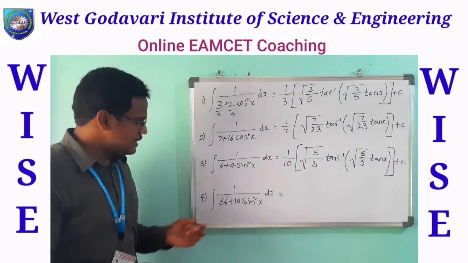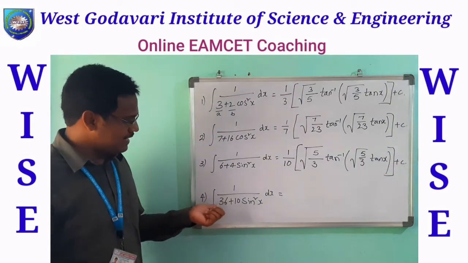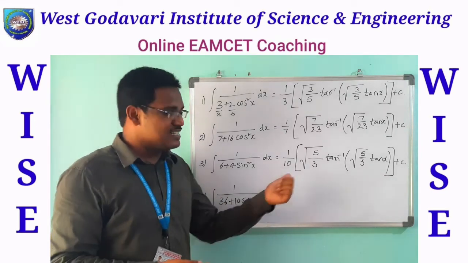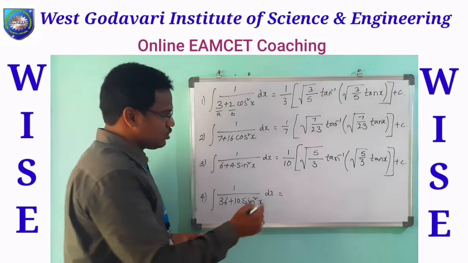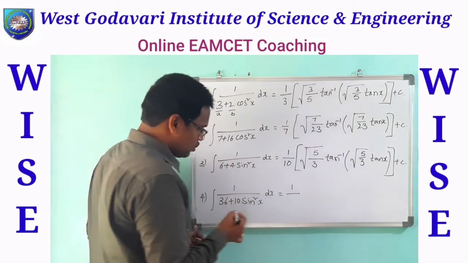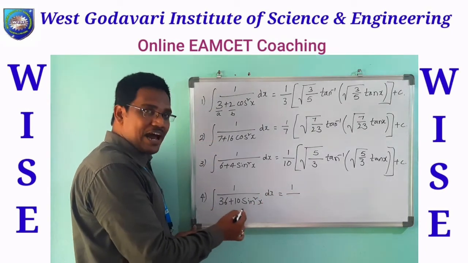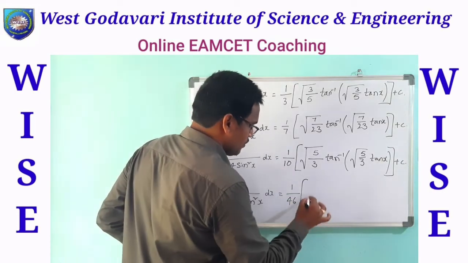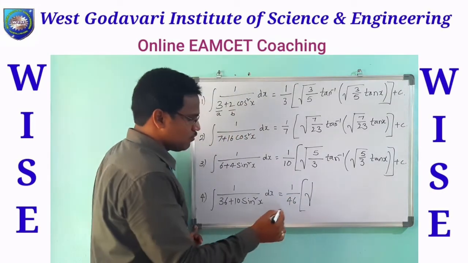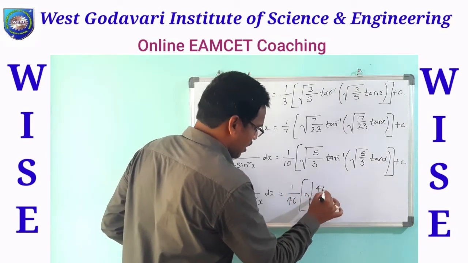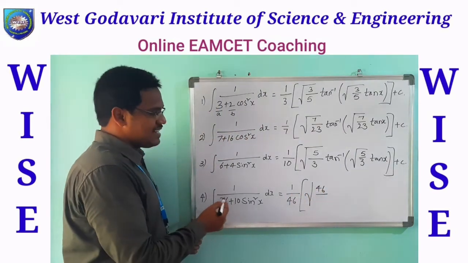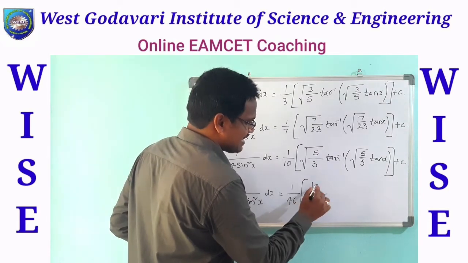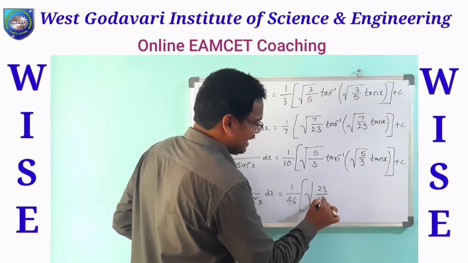That's all. Now see the last one, that is 1 by 36 plus 10 sin square x dx. Again here the result is total by constant. So that is 1 by total. The total is the a plus b value, 36 plus 10, that is 46. Square root of 46 by 36, a plus b by a. So simplifying 46 by 36, 23 by 18.